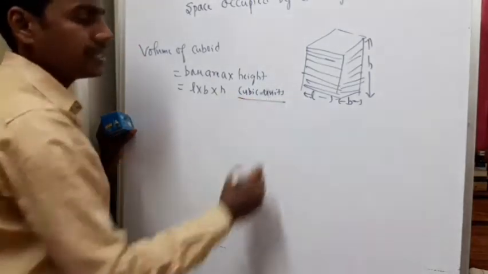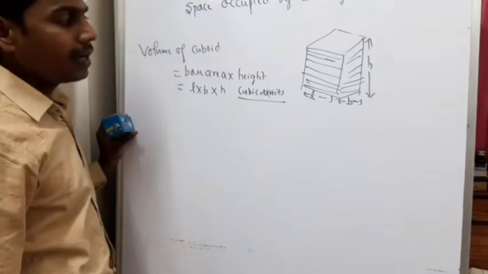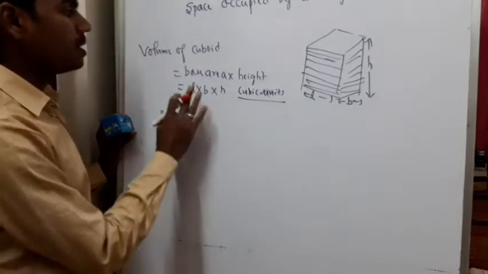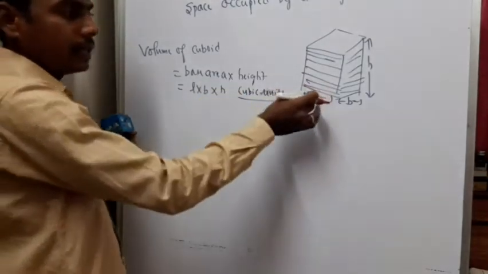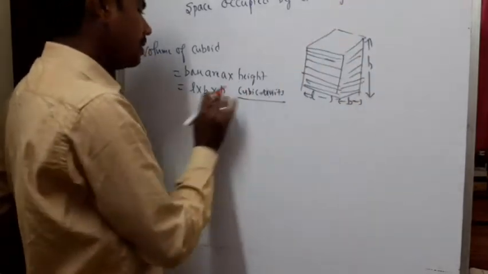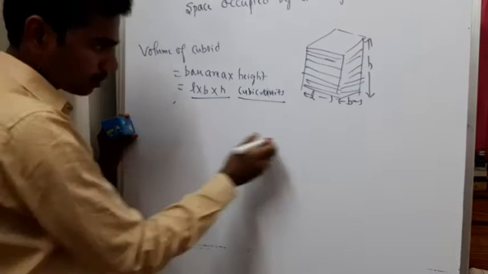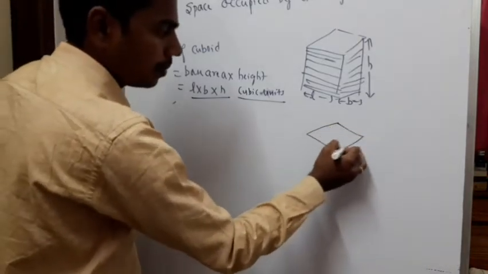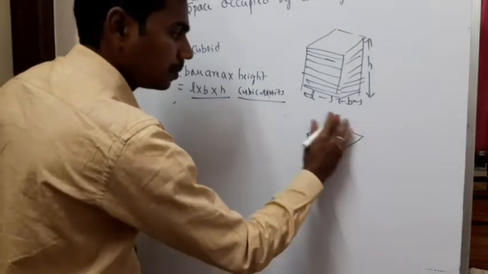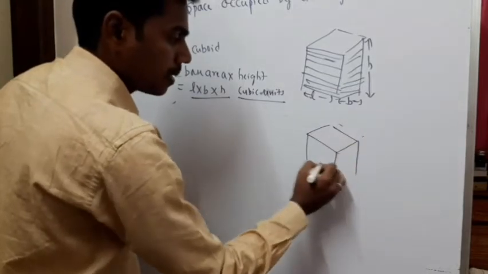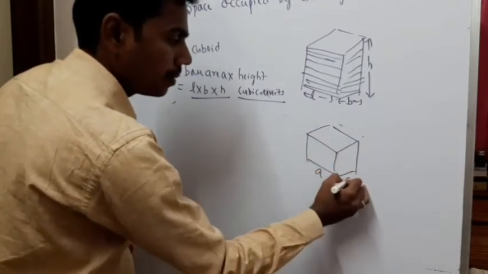So it should be expressed in terms of cubic units. Okay. What is the volume of cuboid? Base area into height, that is length into breadth into height. So that is L into B into H. In case of cube, all the edges will be equal.